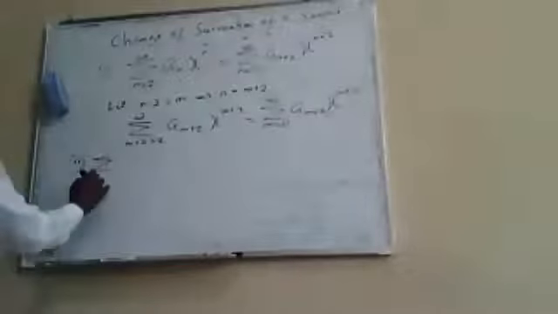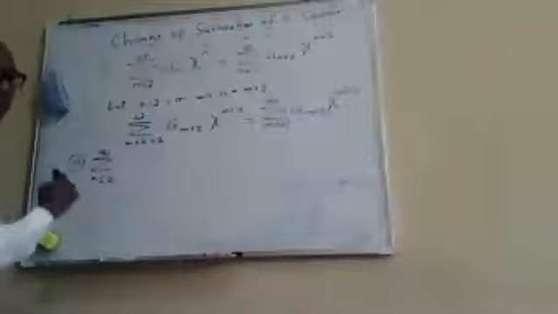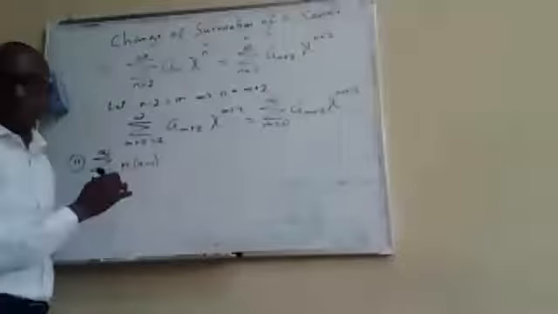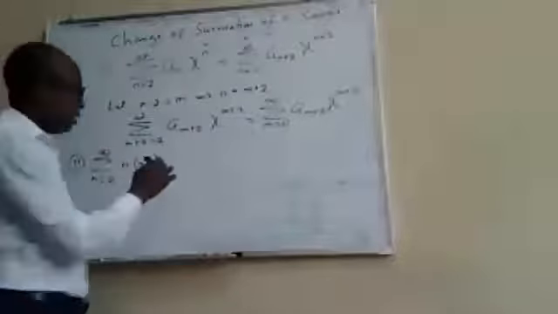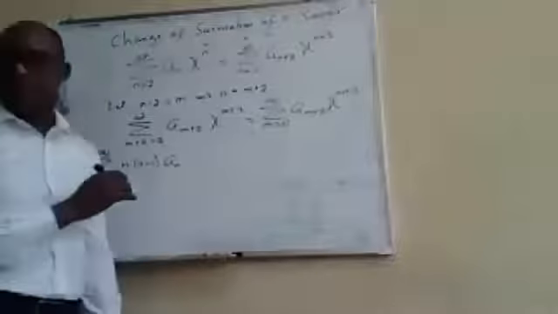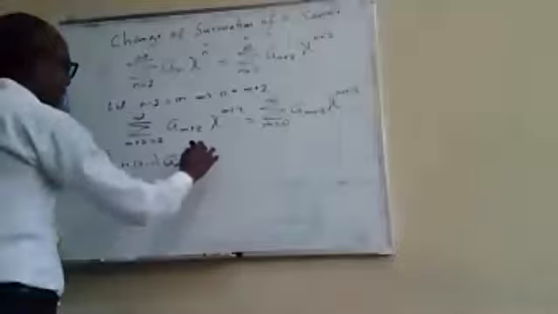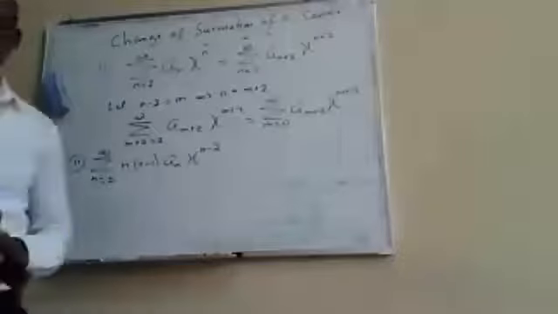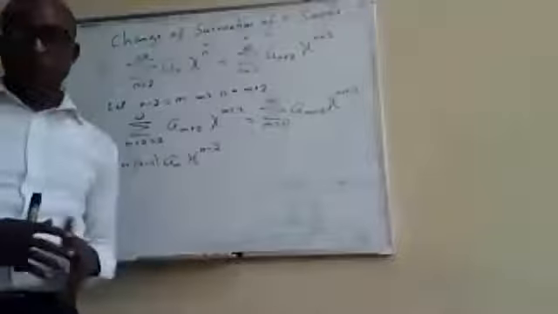Let's say we are given the summation n equal to 2 to infinity of n(n minus 1) a_n s^(n minus 2). If you have to do the change of base for this particular one, anywhere you see n, change it to n plus 2, because what we have here is n equal to 2.